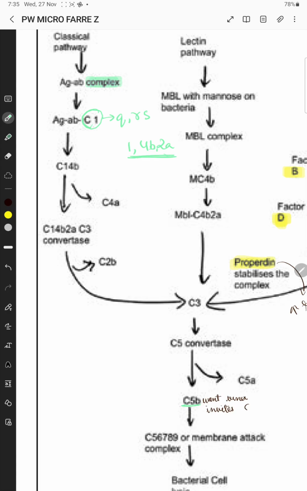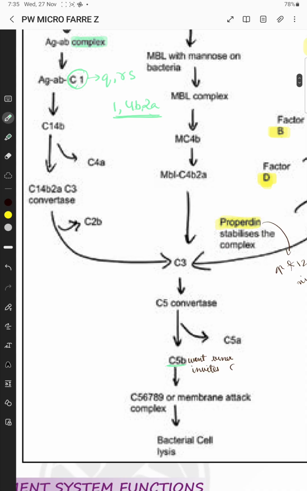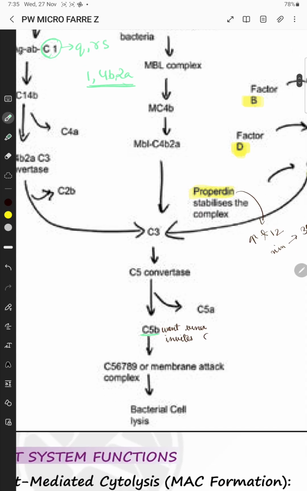Now C3 comes, C3A will move away, C3B will join them. Now this is known as C5 convertase. Then C5 comes, C5A moves away, and C5B will not bind to them; it will form the MAC, the membrane attacking complex, by inviting C6, C7, C8, C9.